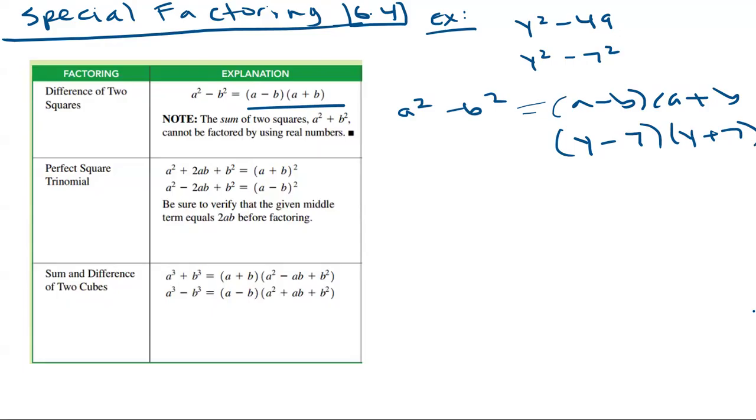Okay, so that would be our difference of squares. And of course, you can always multiply them out, and you'll go back to where you started, which is y squared minus 49. So if you want to FOIL this out, you'll get the same result as y squared minus 49.